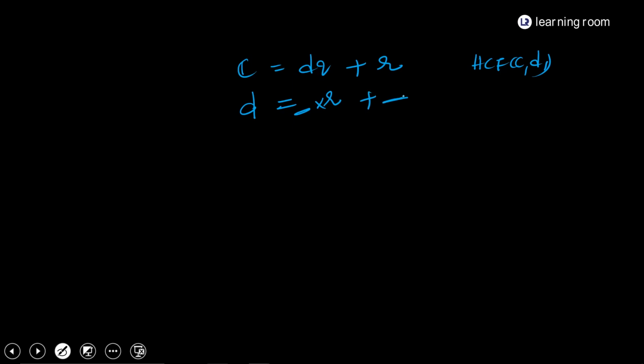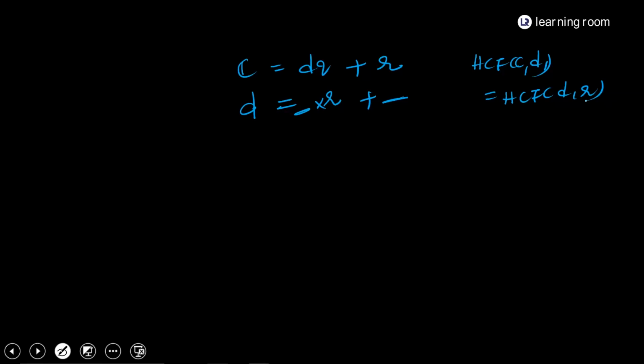So this is the process we are following, right? We are taking D again to the left side, now taking R as a divider, and we want to find out the quotient and remainder. So when can we do this? When we can say that HCF of C comma D is equal to HCF of D comma R. If both are not equal, we can't do this, no? We want to find out the HCF of C comma D.